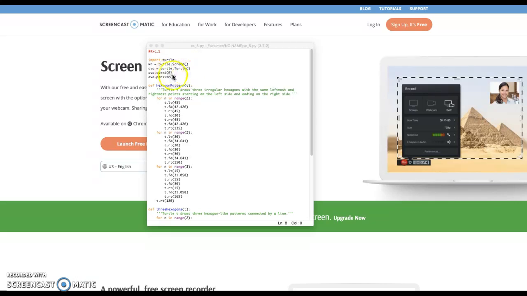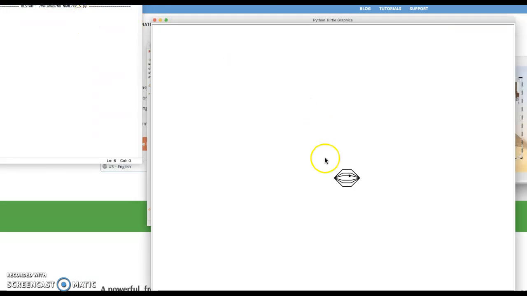So for this problem, I started by creating the hexagonal pattern, which is this section right here.